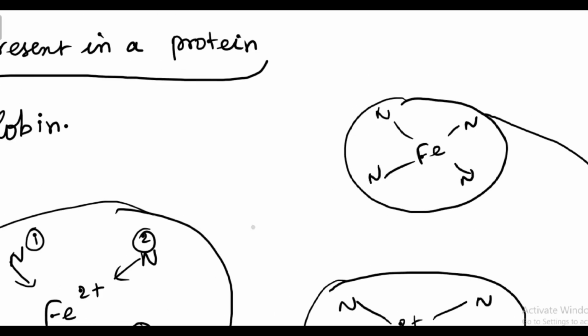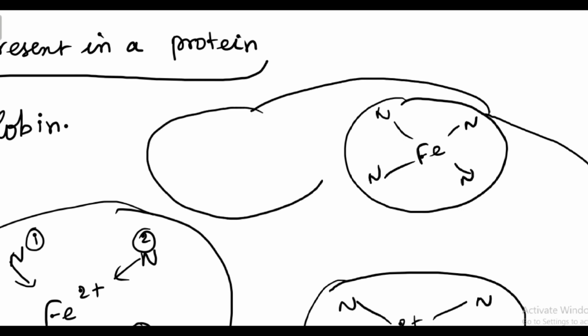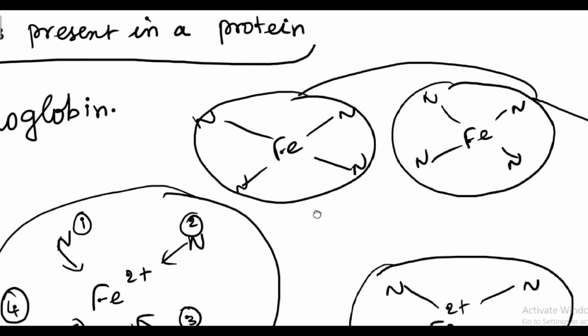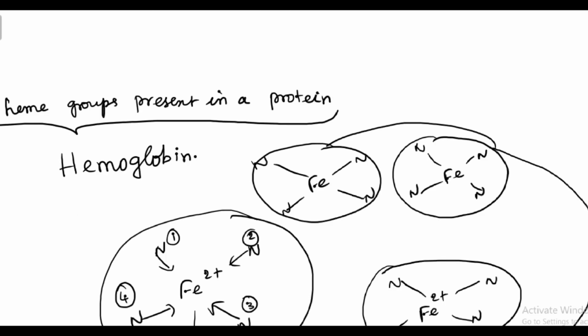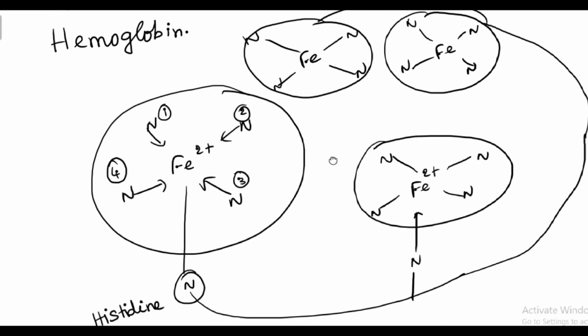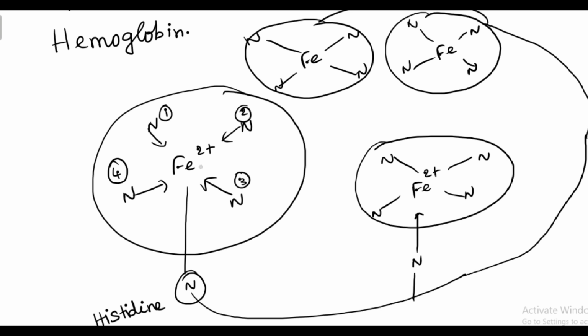Then again the same way with one more heme group. So in this way we can explain the four subunits of hemoglobin.